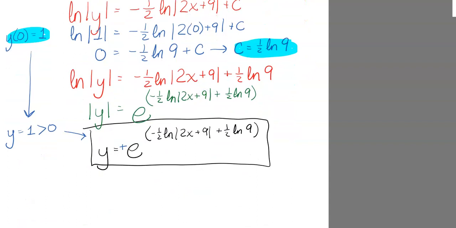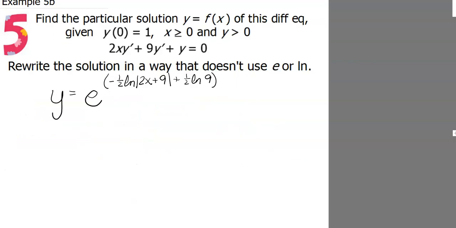And then we did what we did in the previous problem. We got rid of a natural log by using an e, and I got rid of these absolute values in my head by doing a plus or minus, but since the given y was positive, that's why I chose the positive version. And this answer is hideous, but fine for now.